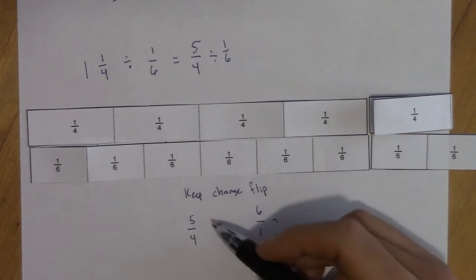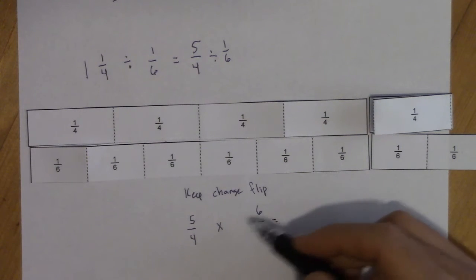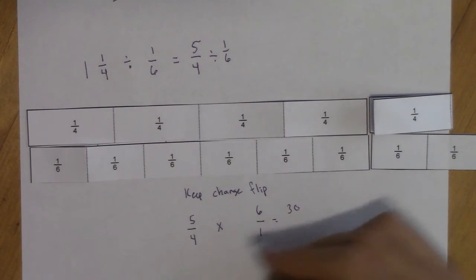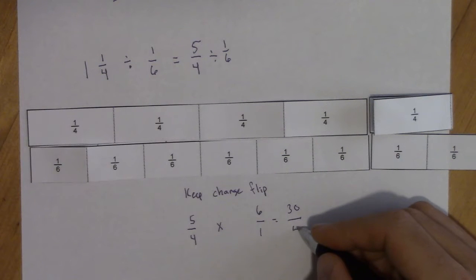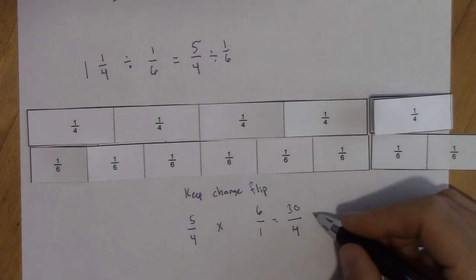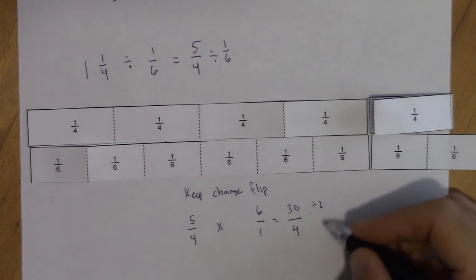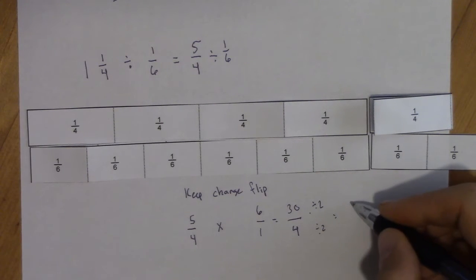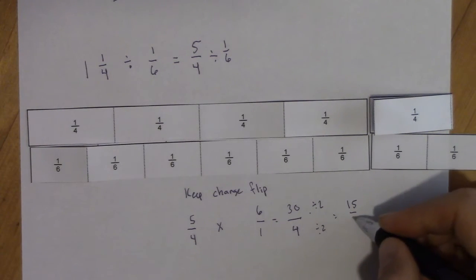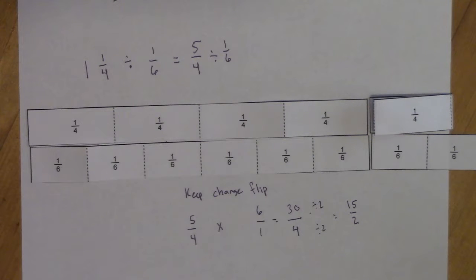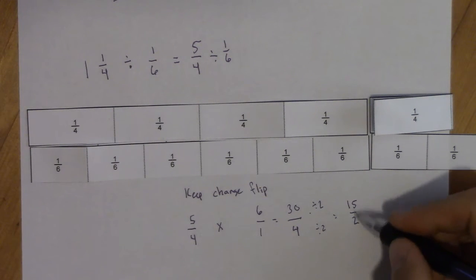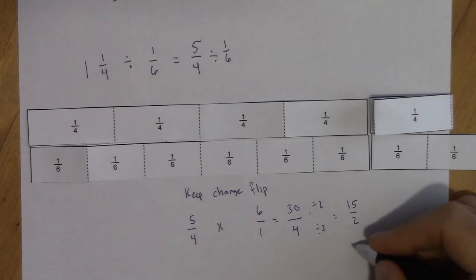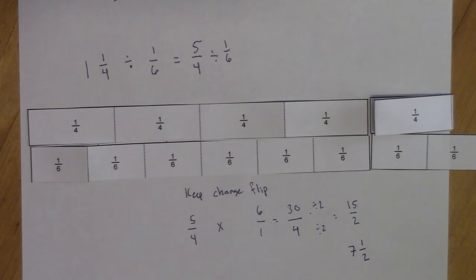So if I take advantage of this, multiplying straight across, 5 times 6 is 30, 4 times 1 gives me 4. You can leave it like that. Or you can take a 2 out of top and bottom, in which case you would get 15 over 2. Or if you simplify this, how many 2's go into 15, you would end up with 7 1/2.